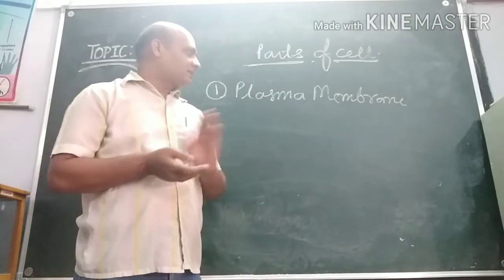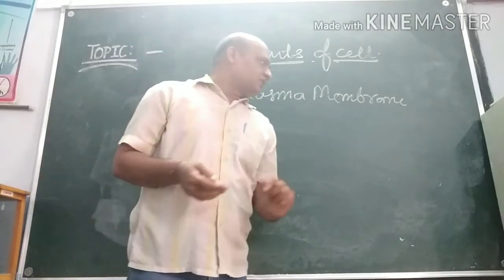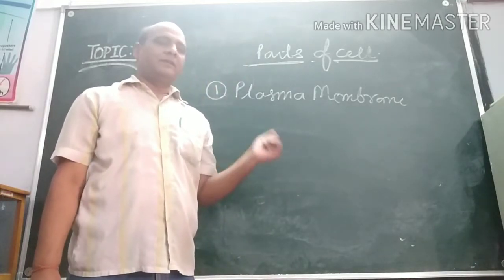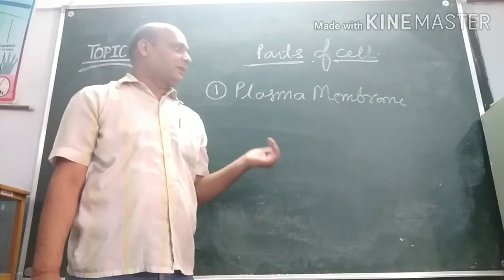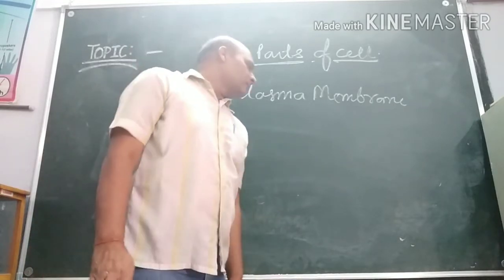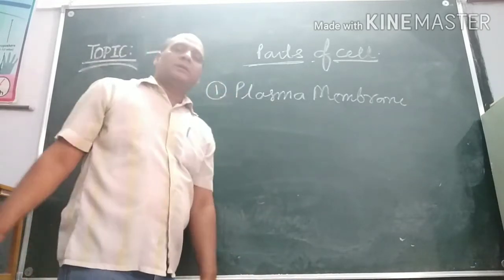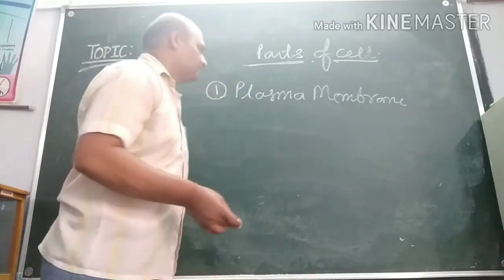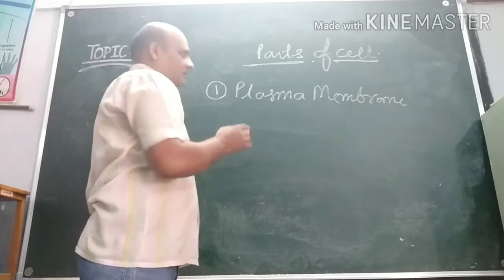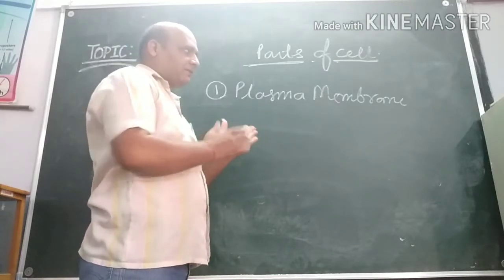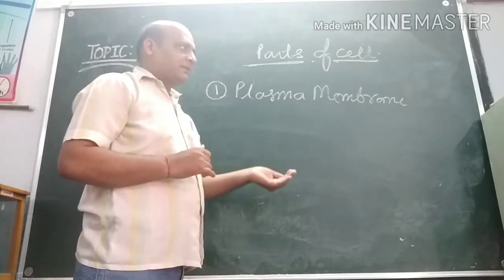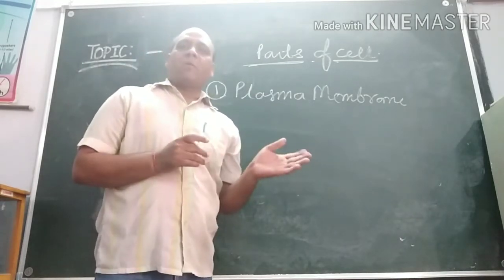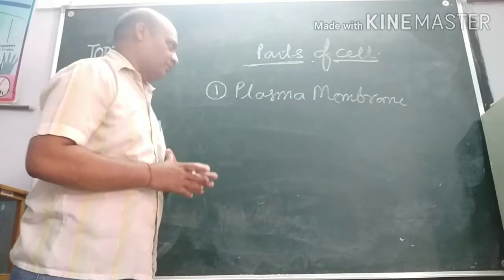It is known as a selectively permeable membrane because it permits only some specific molecules through it. It is made up of carbohydrates, proteins and fats. It helps in the exchange of material from one cell to another with the help of osmosis and diffusion.